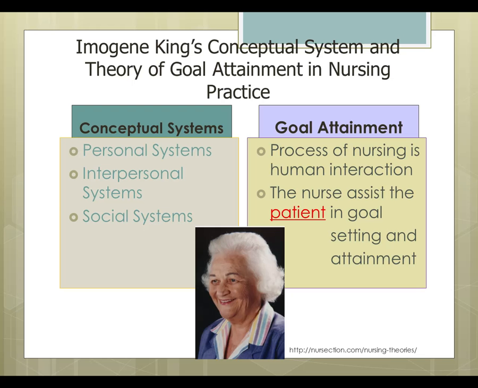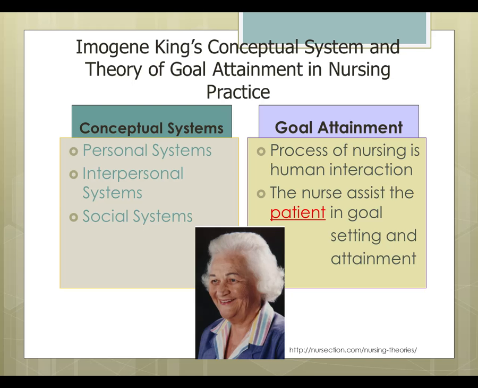She was one of, not the first one, but she really honed in on patient-centered goal attainment, that if we were setting the goals for the patient, they may be unrealistic. And so goals could only be attained if the patient actually bought into the goal. And one way to get them to do that is to have them help set the goals.